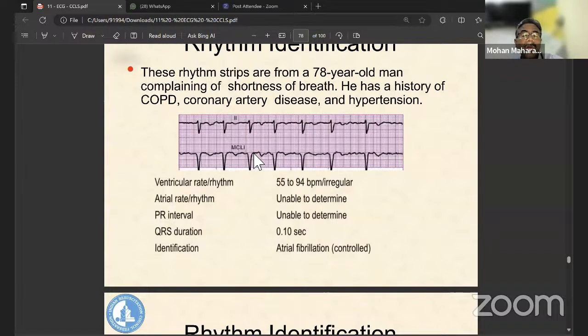The QRS duration is 0.1 second; remember 0.06 to 0.1, so the QRS is okay. But look at the distance between complexes: it is irregular. There's no seesaw; atrial flutter is sawtooth. Atrial fibrillation is up to 250 to 400. There's no P wave seen properly, but it is fibrillation.